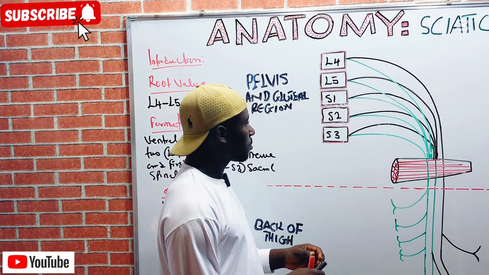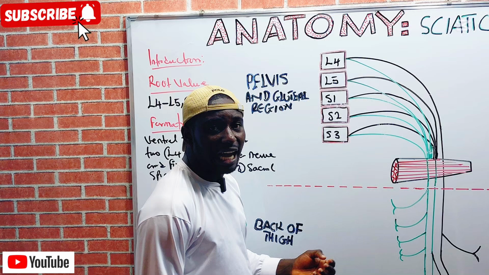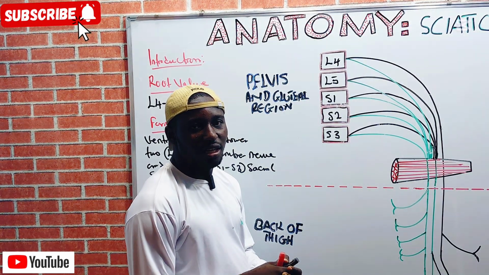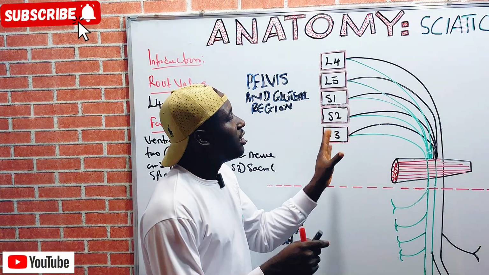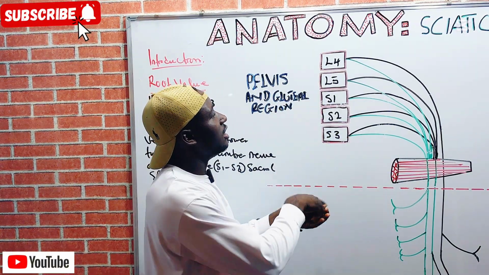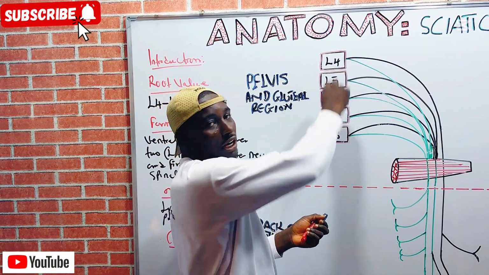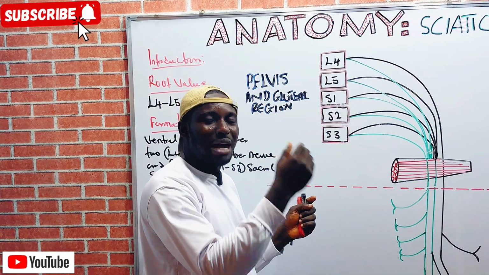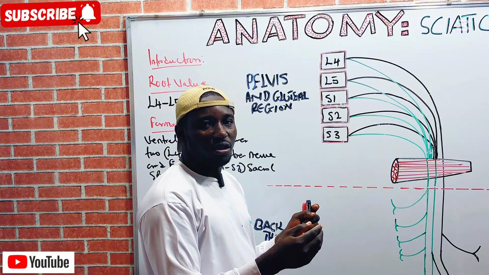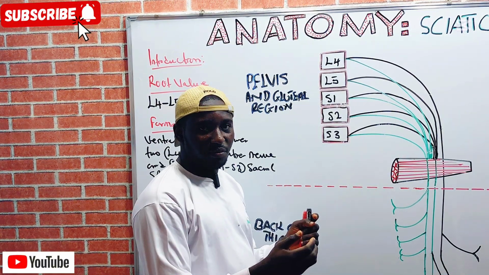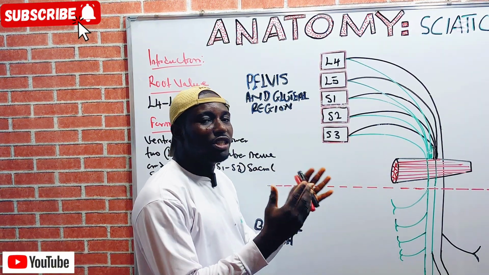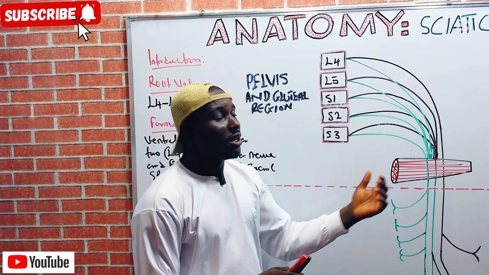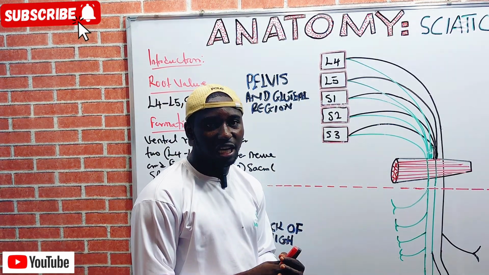Now, first of all, the sciatic nerve exits the pelvis. Recall that it is in the pelvis that it forms its root value. So it exits the pelvis by passing through the greater sciatic foramen, below the piriformis muscle, to enter the gluteal region.